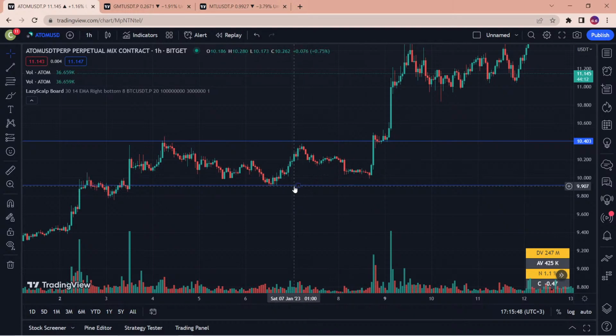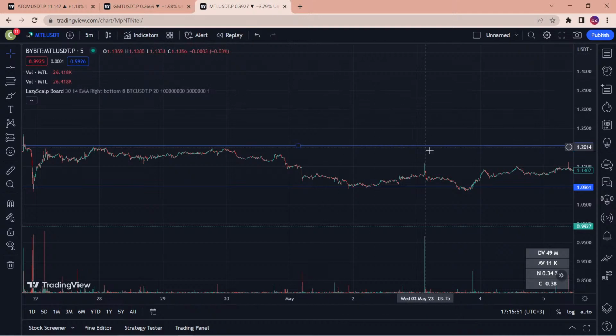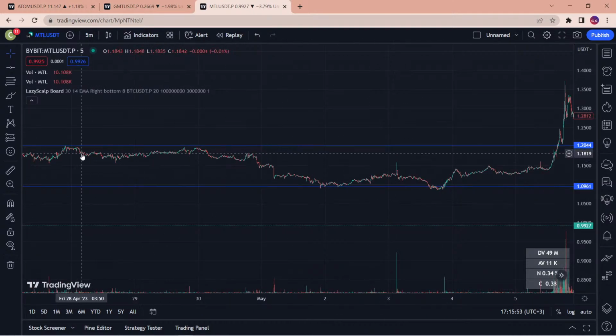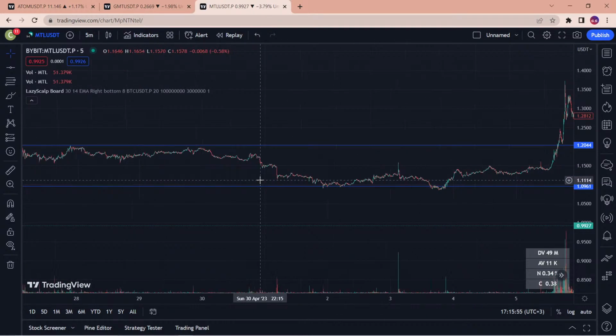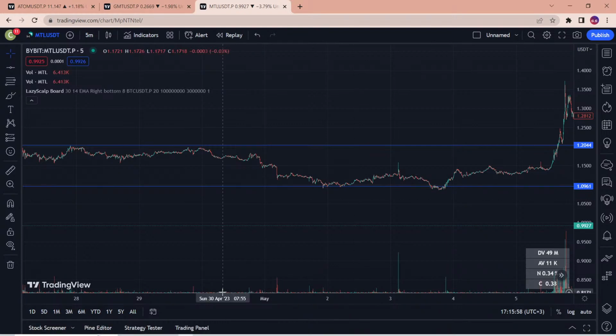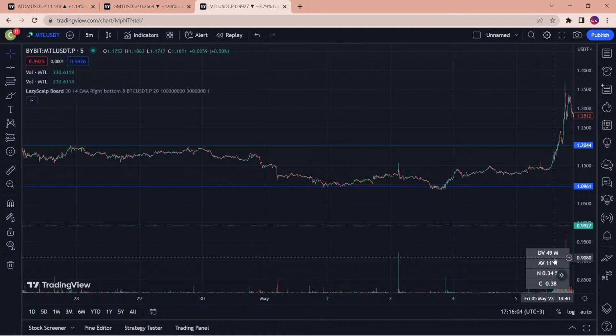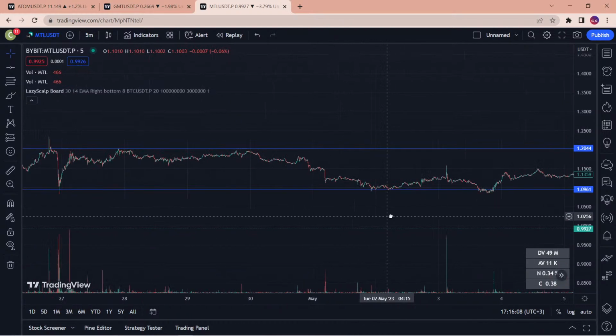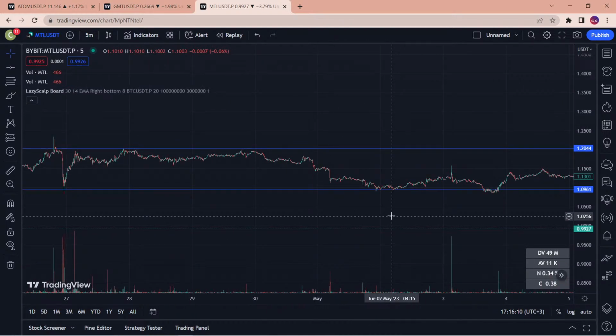Let's compare these two consolidations. MTL USDT, as you see, really looks very weak, and we have very small, almost unreadable volume, with the daily volume of 49 million. Very low, and there is an obvious lack of volume.